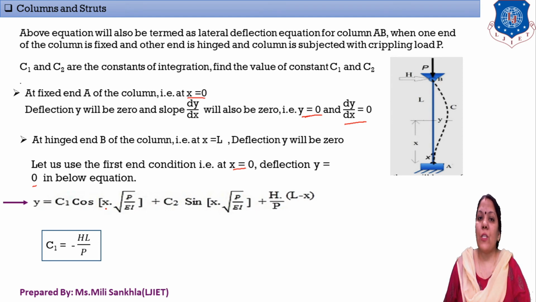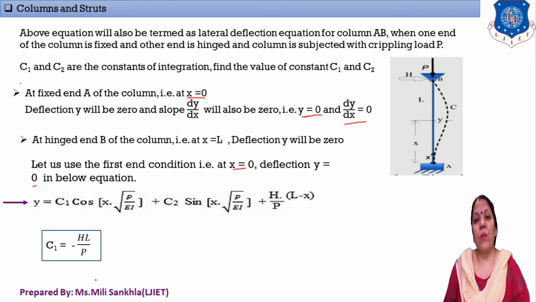That means cos 0 is equal to 1 and sin 0 is equal to 0, and in H by P into L minus x we put x equal to 0, so H L by P is the remaining term. So the value of constant C1 is equal to minus H L by P. This term is shifted to the left side and its sign changes from positive to negative. So C1 is equal to minus HL by P. This is our first constant, C1.